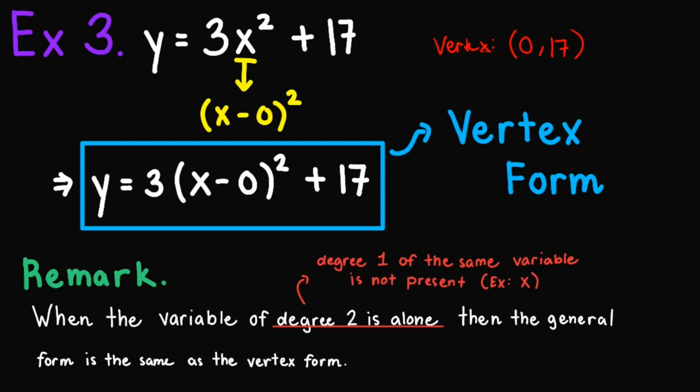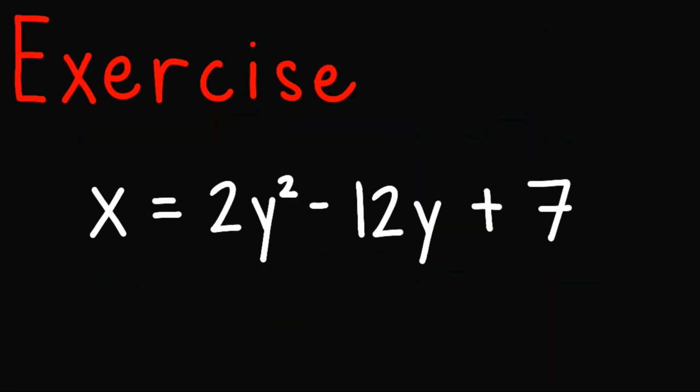And to formally end this, here's an exercise that you can work on. In here, we're given x equals 2y squared minus 12y plus 7. Again, your goal is to convert this into its vertex form, as well as find its vertex.